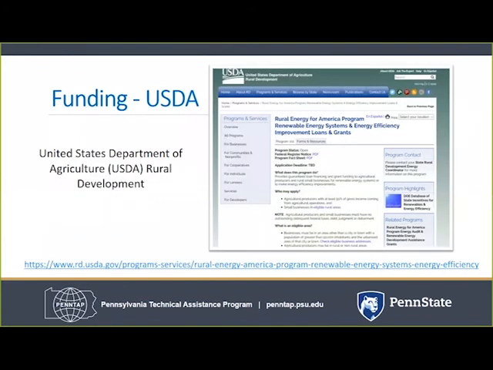The Rural Energy for America program, or REAP, is another option for grant funding. This program is administered by the United States Department of Agriculture. The grant incentivizes energy efficiency projects with potential awards of up to 25% or $250,000.